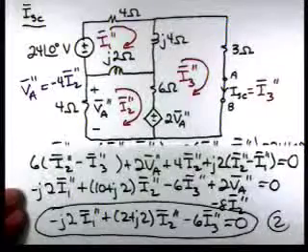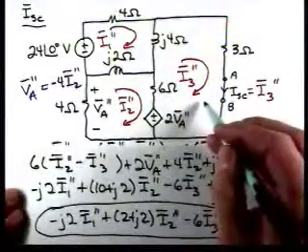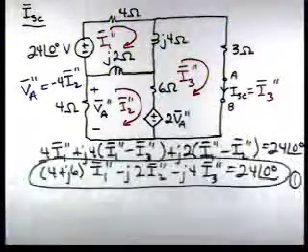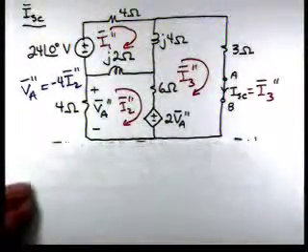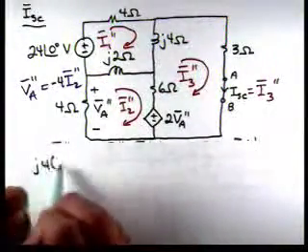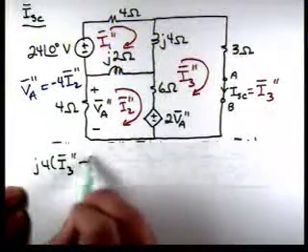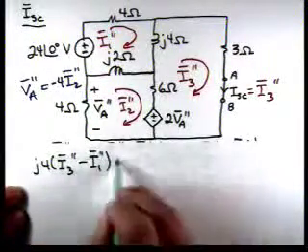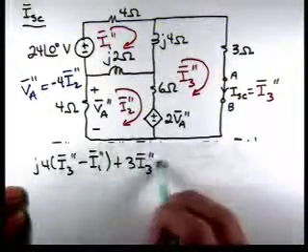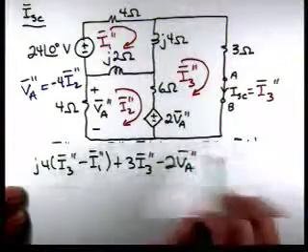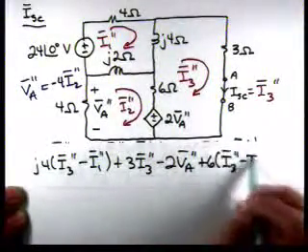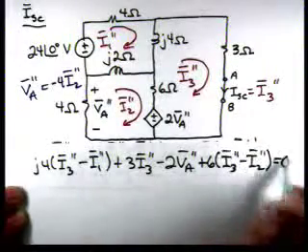Now we still need to do the mesh equation for this mesh. If we start here, we'll have J4 times I3 double prime minus I1 double prime plus 3 I3 double prime minus 2 VA double prime plus 6 times I3 double prime minus I2 double prime equal to 0.